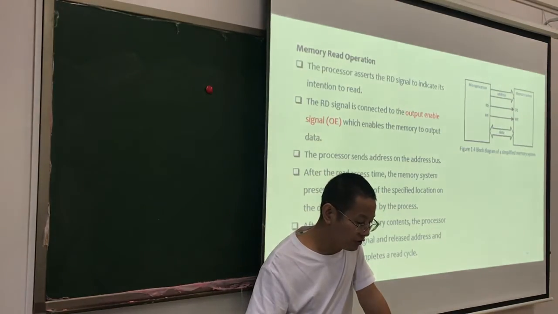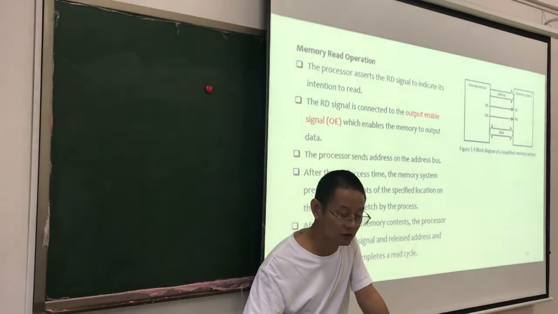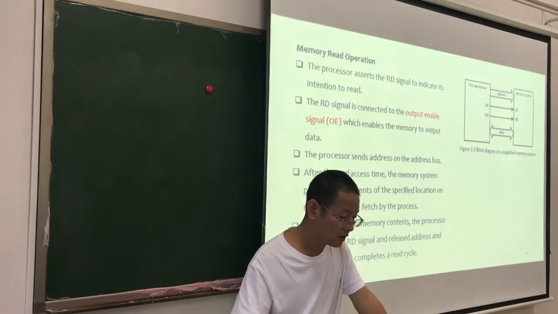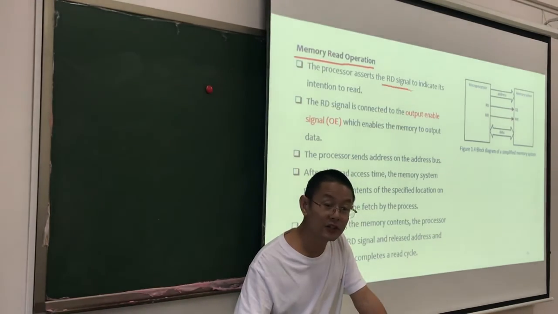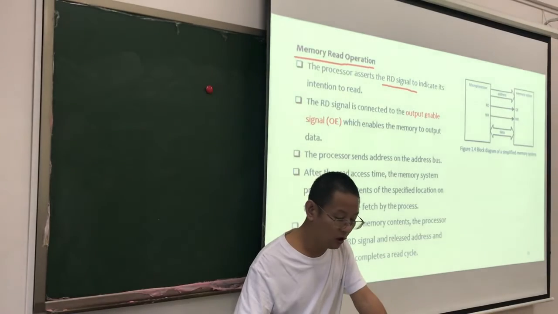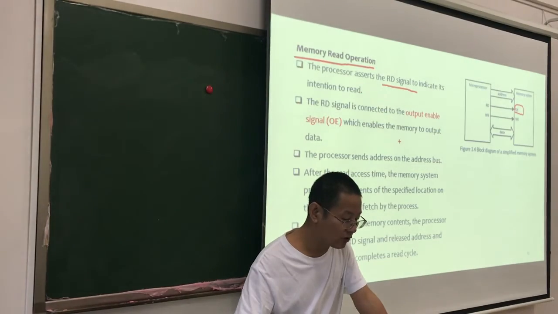Memory read operation. The processor sets the RD signal to indicate its intention to read. The RD signal is connected to the output enable signal, OE, which enables the memory to output data.